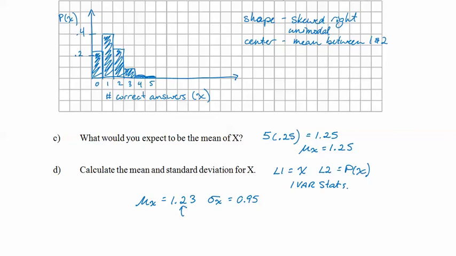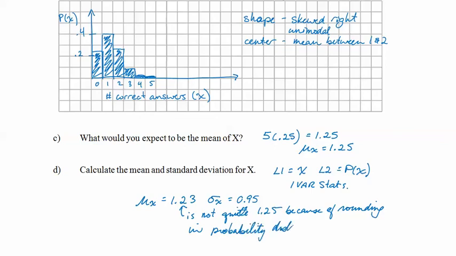So this is not quite 1.25 because of rounding in our probability distribution.